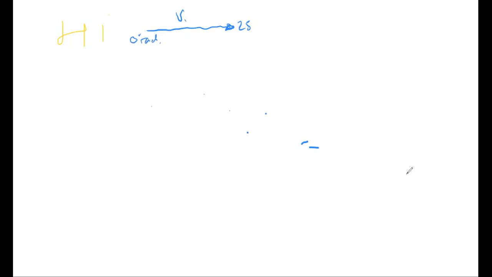So, horizontal component is 25 cos 0, which is 25, because the cosine of 0 is 1. Everybody follow that?